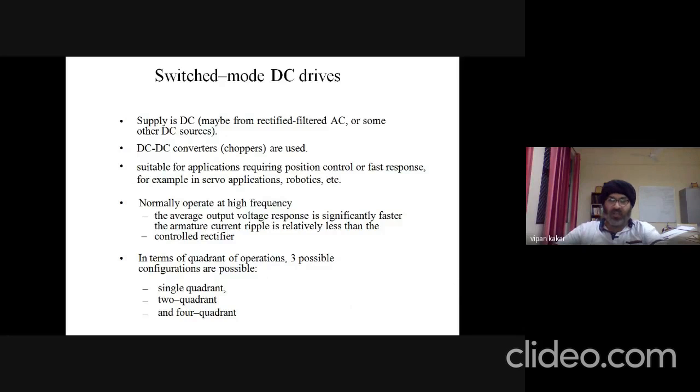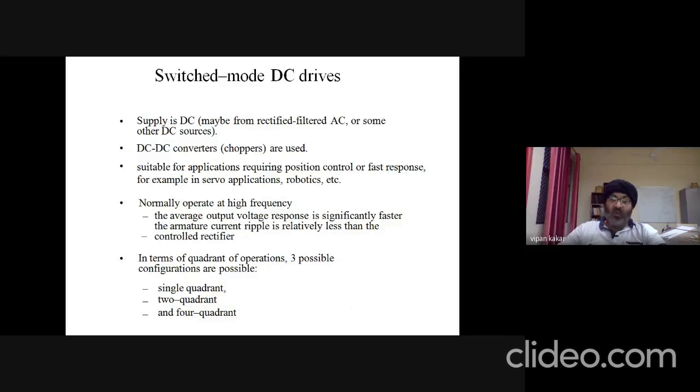So we'll be using switch mode DC drives, as we have already discussed in section 5. We know the supply is DC, so we can use a DC to DC converter. These DC to DC converters can be used for applications where we require position control, slow or fast response depending upon our requirement, such as servo applications or robotic applications.